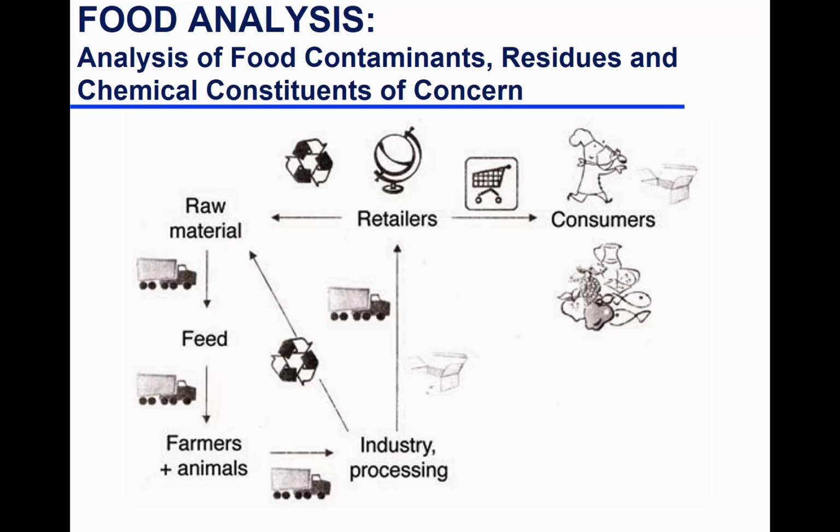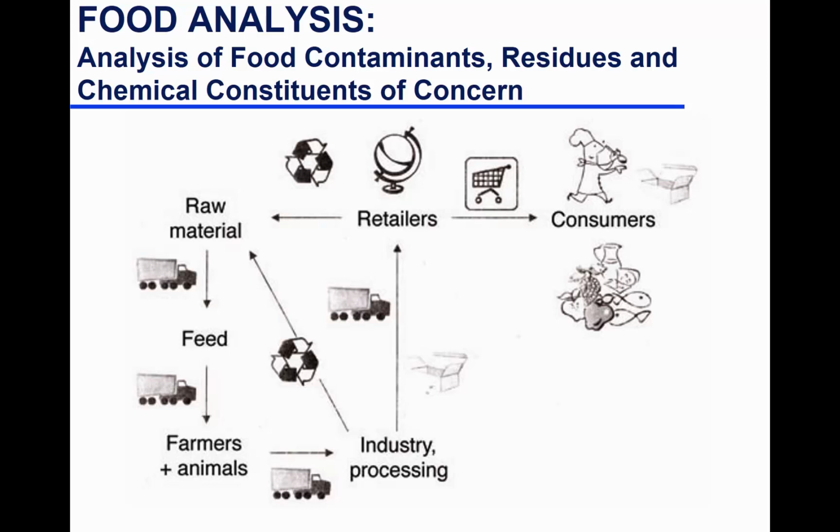there is a lot of places where a sample can be contaminated, either contaminated or it will get contaminated along the way. Starting from farms, during transport, during processing, storage, in supermarkets until it reaches to the consumers.